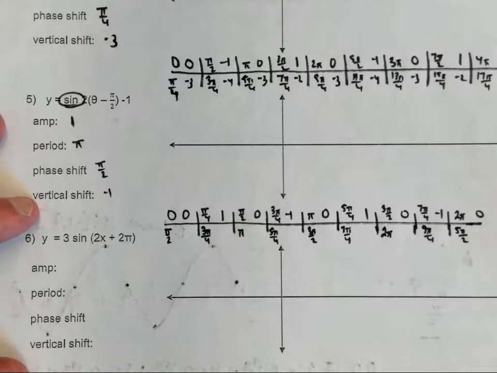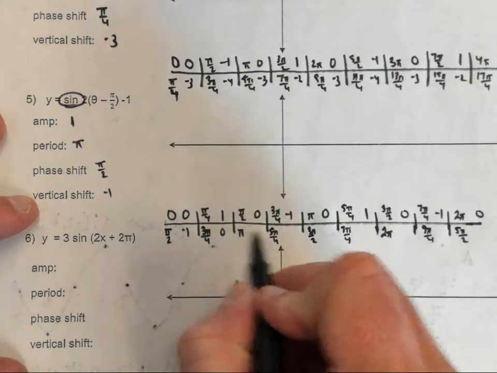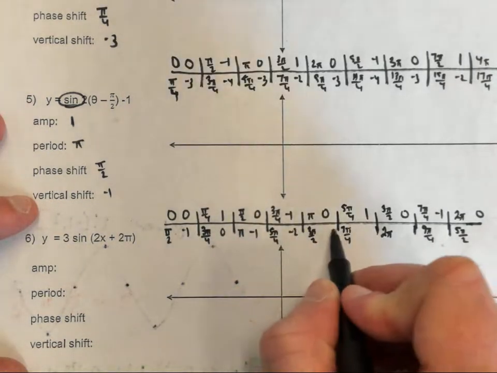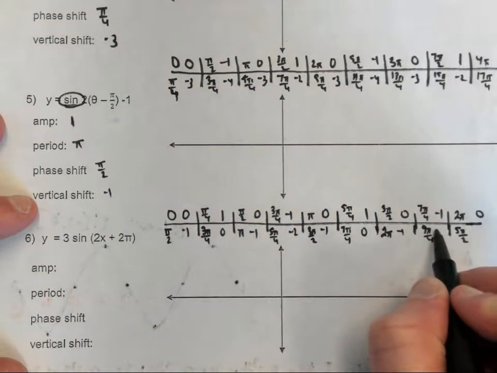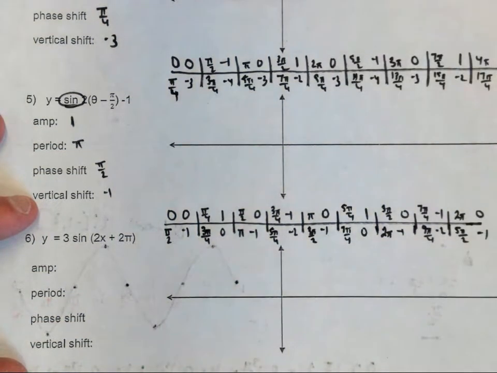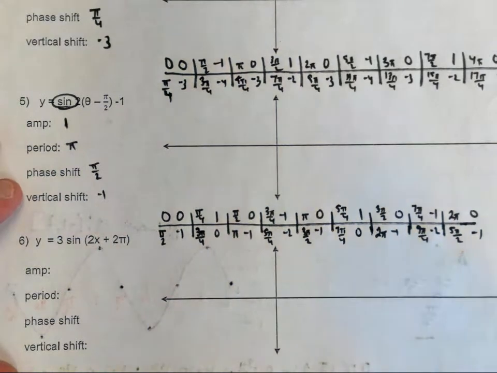Then I'm going to add my vertical shift to what coordinates? So that's going to be -1, 0, -1, -2, -1, 0, -1, -2, -1. Now I'm going to graph those bottom. Yes.